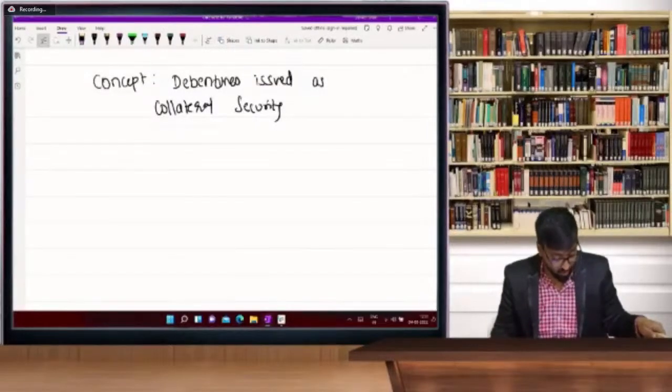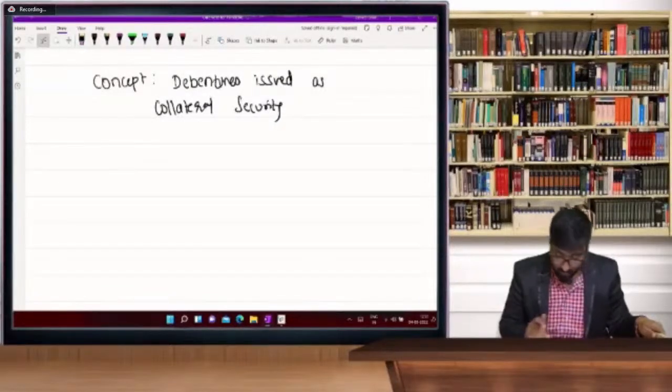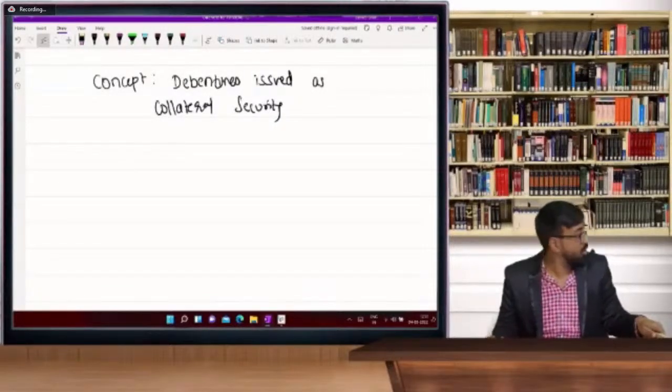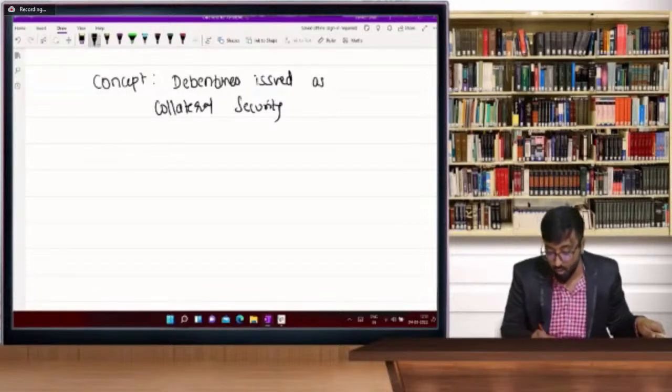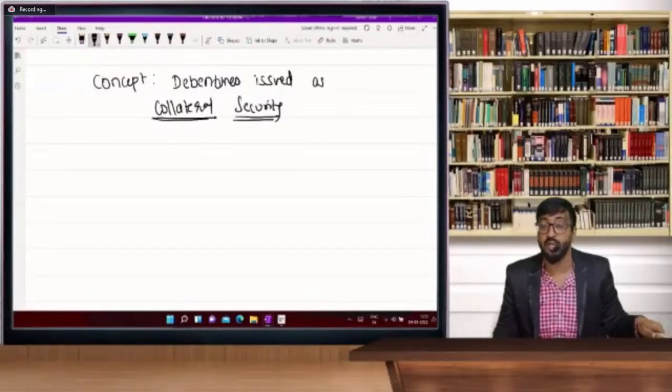Okay, chalo. So understand. Debentures issued as collateral security. Now, what is the concept of collateral security? See, collateral means, in simple language, a pledge or hypothecation or mortgage.